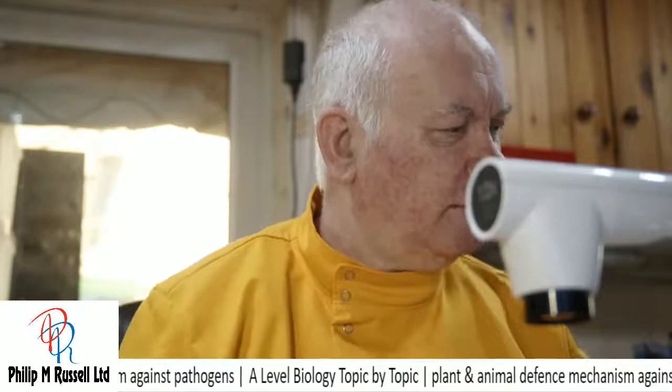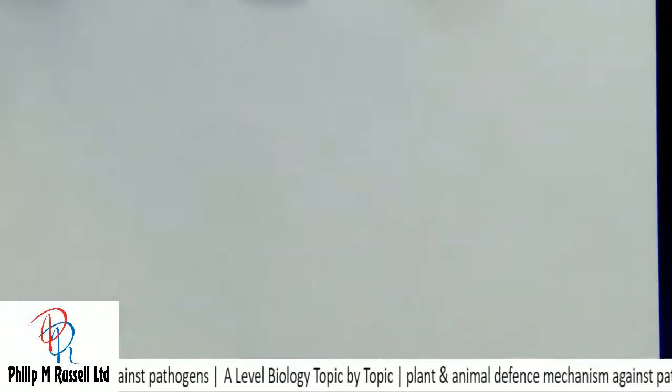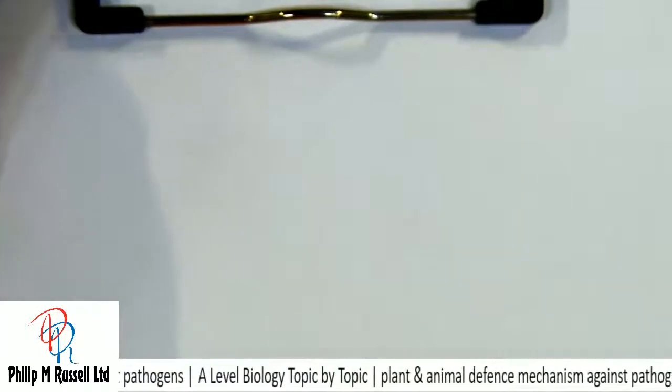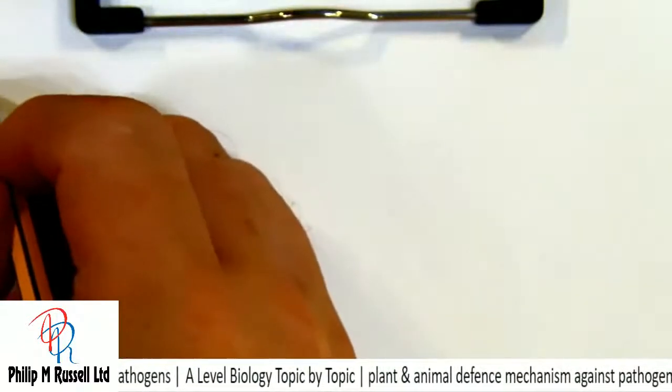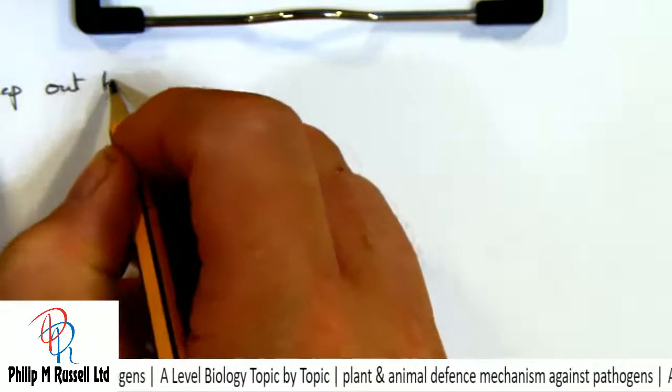Animals. What do animals try and do? Well, our first job with an animal is to try to keep out the pathogen.